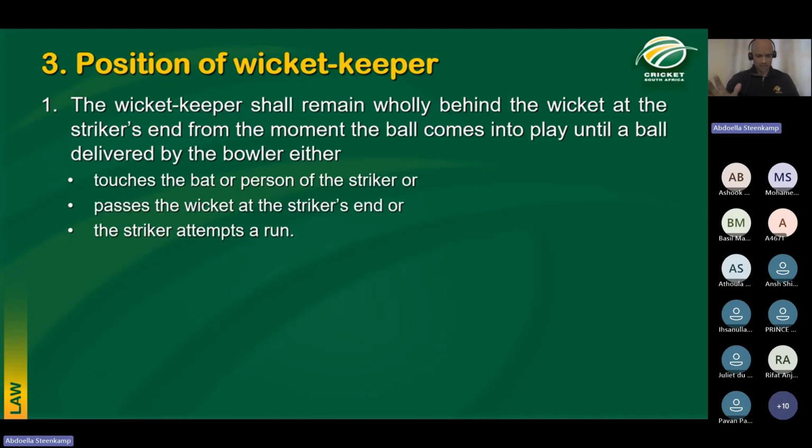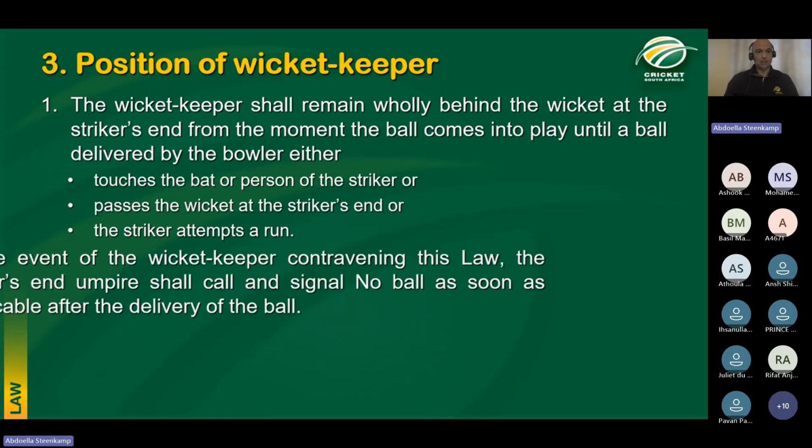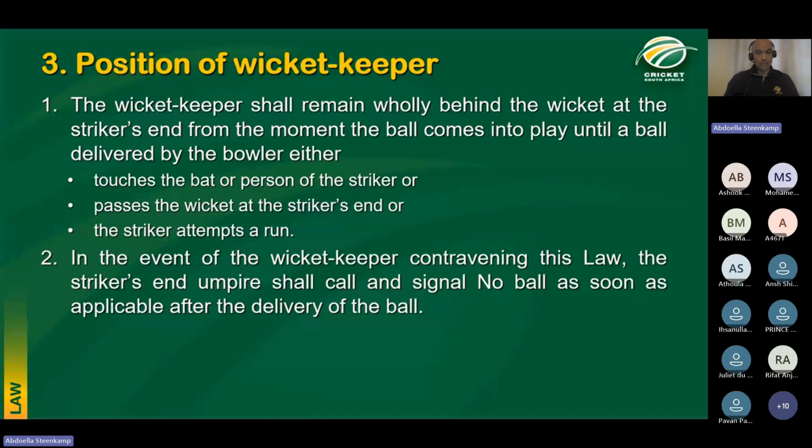But except for these three reasons, keeper needs to stay behind the stumps. If keeper contravenes this law, the striker's end umpire, because he or she is in the best position to make the score, needs to call no ball as soon as possible after the delivery.